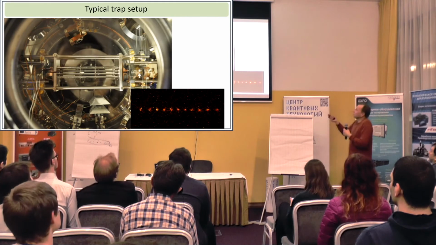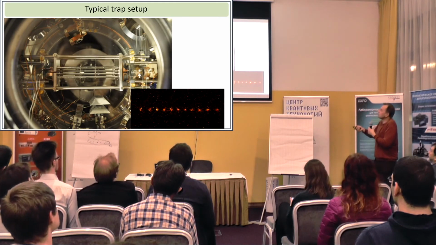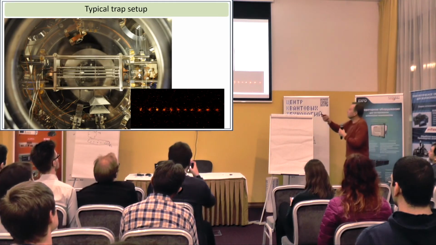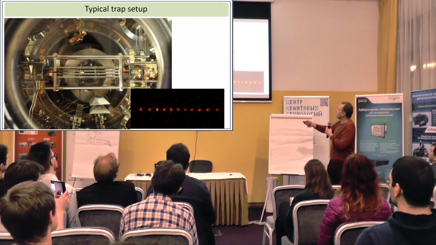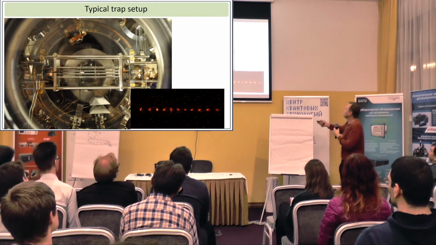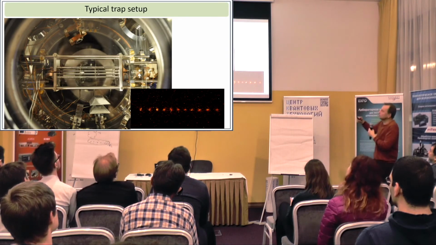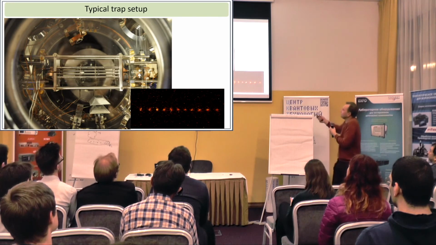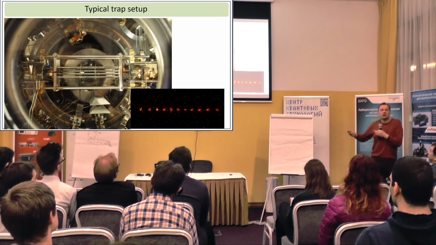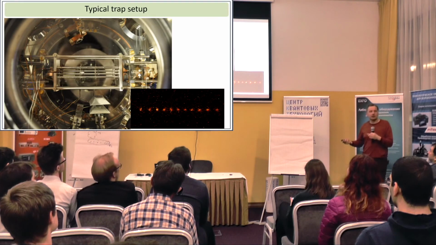This is the real trap which you see here. So it's basically the implementation of the previous picture. There are the rods, some wires, and channel electron multipliers, which we used long ago for counting ions. But generally that's all. It doesn't look very complicated.